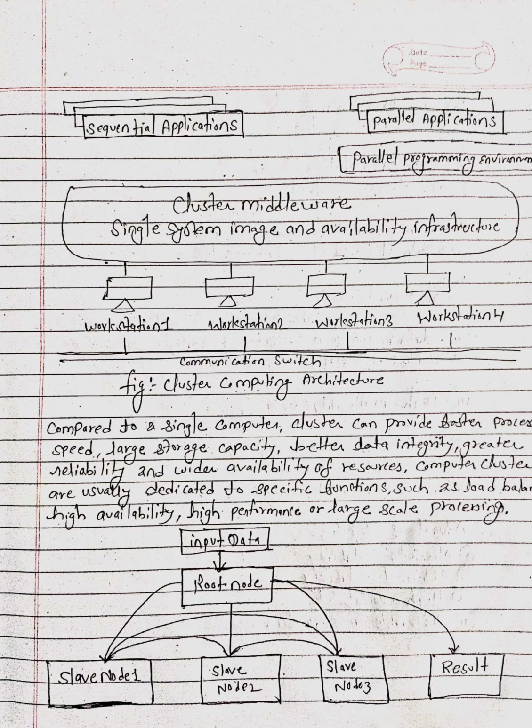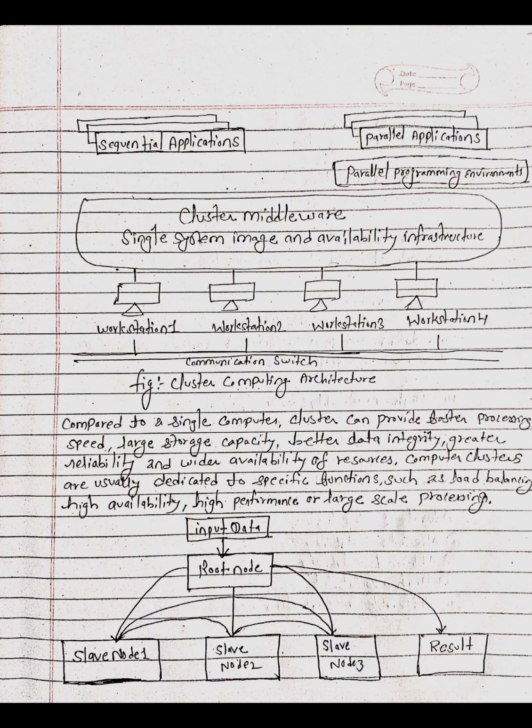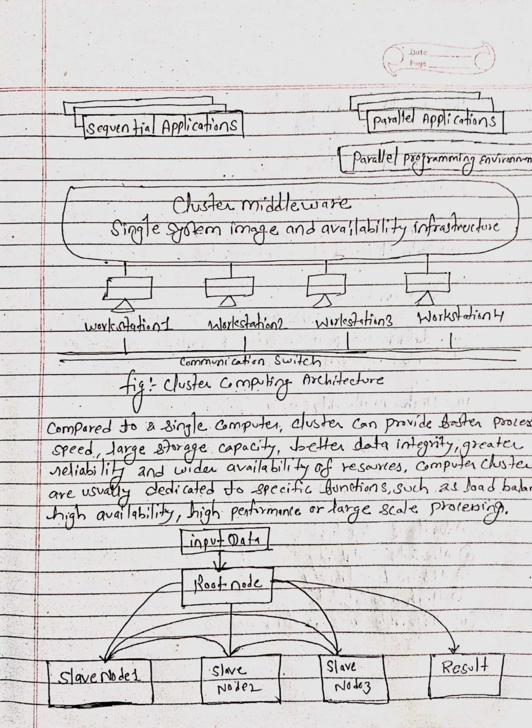It is a single system and availability of resources of infrastructures. Sequential applications and parallel programming environments. This is the figure of cluster computing architecture. Here is the communication switch.